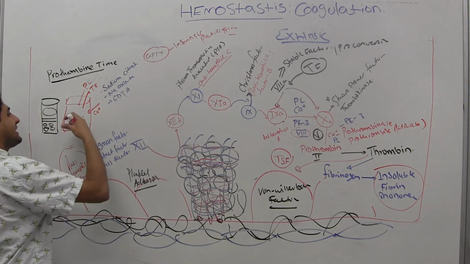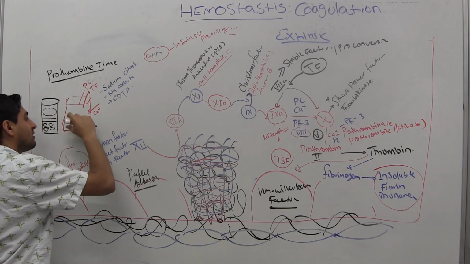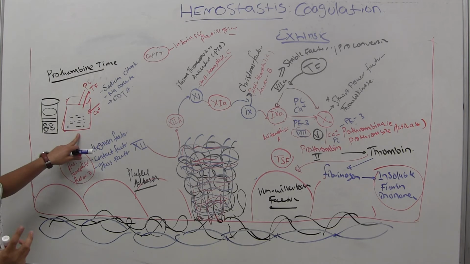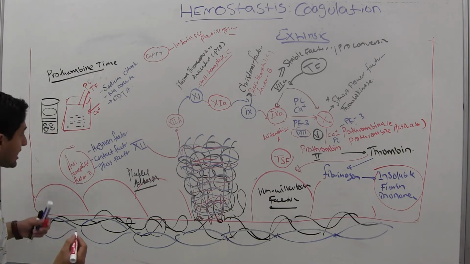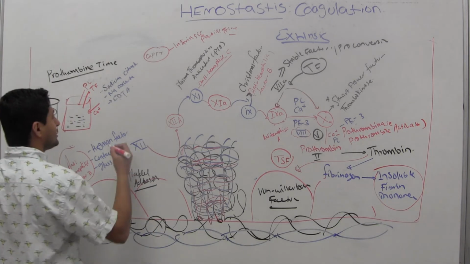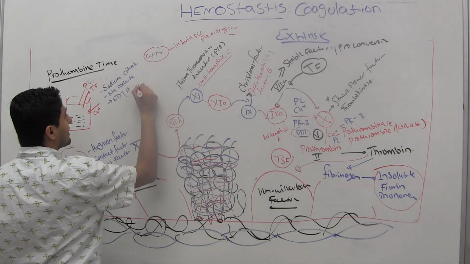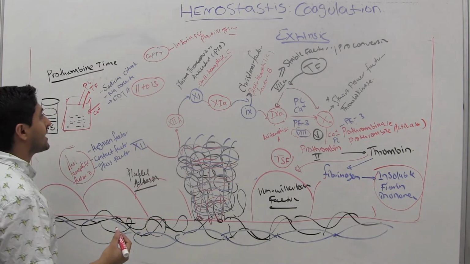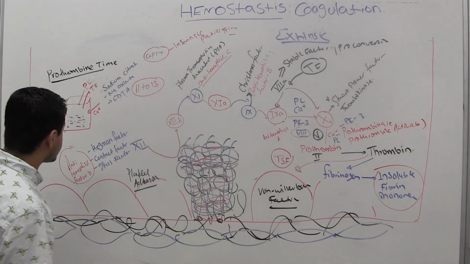How long does it take to form a clot? That's how you know. Usually on average it should take about 11 to 13 seconds, which is the normal timing for the extrinsic pathway, because it's rapid and fast.